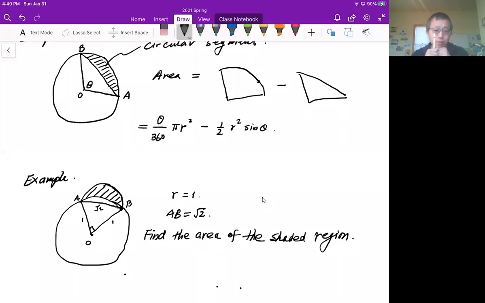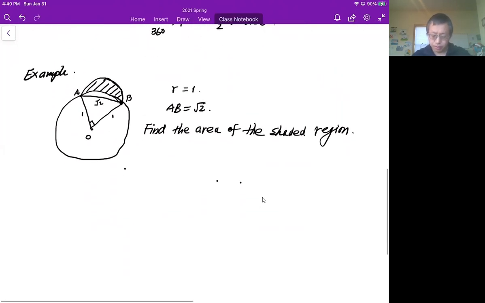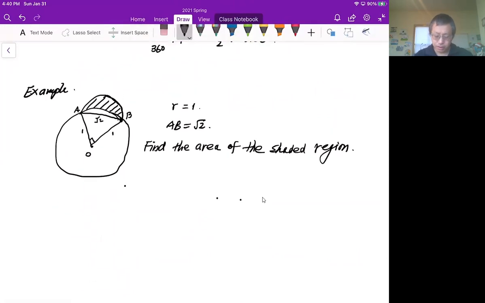So let's see, what can I do here? First of all, I'm going to use a semicircle. So this is AB, and I use a semicircle here, and I'm going to add the triangle here.